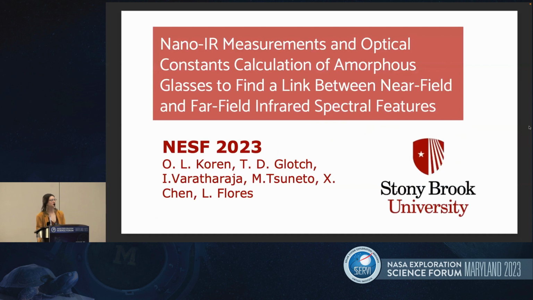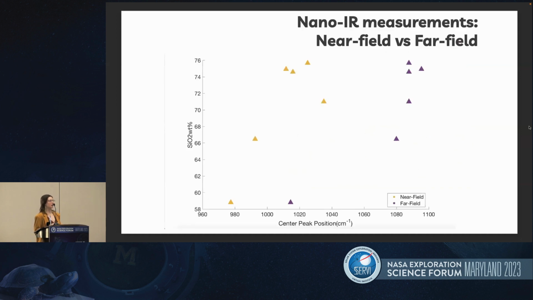This is a plot showing how the silica weight percent relates to the peak positions. So in both the near field, which is the yellow data, and the far field, which is the purple data, we notice a general trend that with higher silica content, the peak position is found at higher wave numbers.